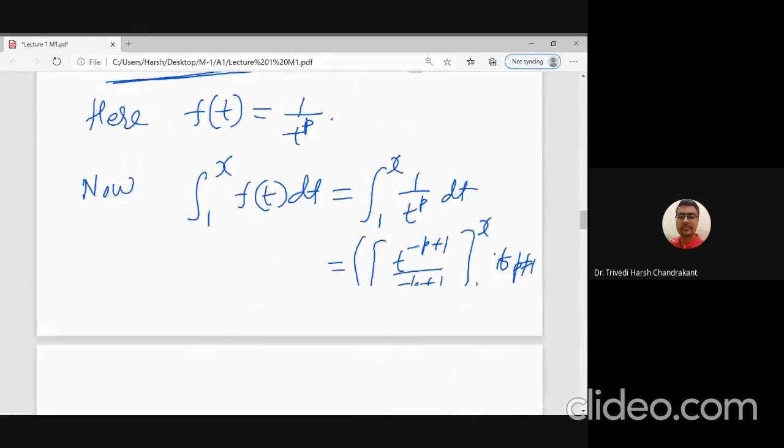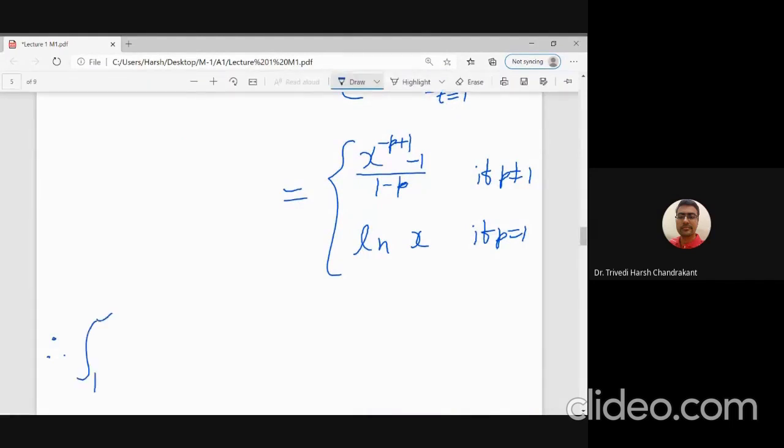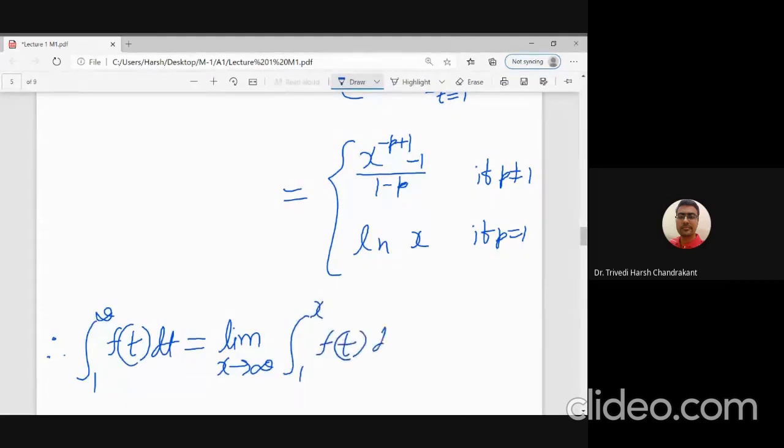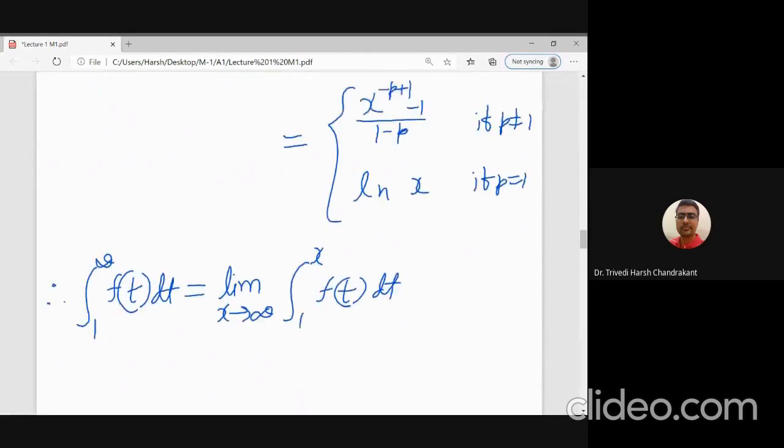Therefore, the integral from 1 to infinity of f(t) dt is the limit as x tends to infinity of the integral from 1 to x, and that is the same as the limit of both of these cases.